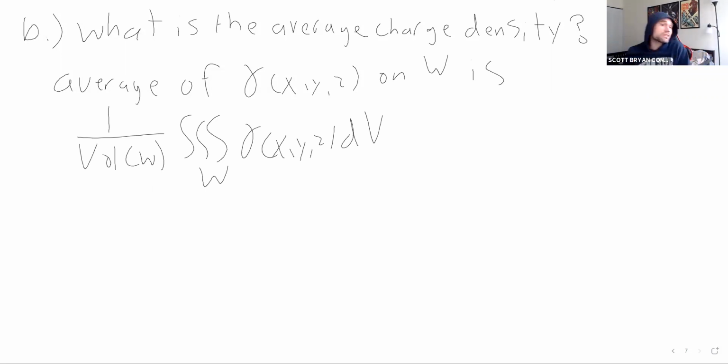There's not a lot of work to do here because we've already calculated the integral of the density over W in part A. That is 4 pi from part A.